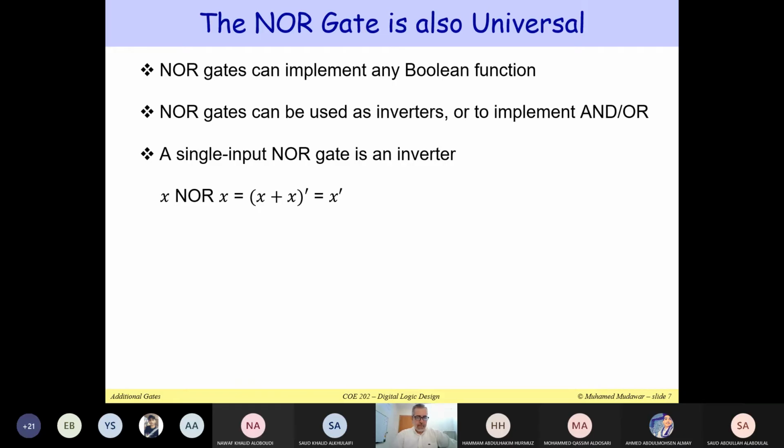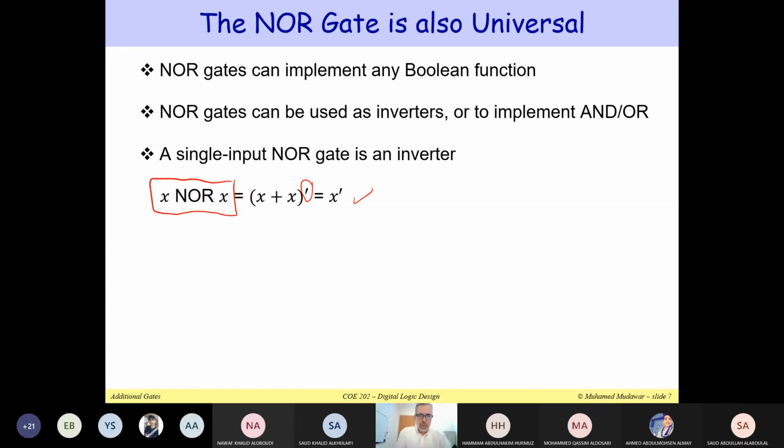NOR gate is also universal. The same thing that we have done in the case of the NAND, we can do in the case of the NOR. So if I would like to invert, if I take X NOR X, we complement here, we invert. So it's not X or X, which gives me X prime.